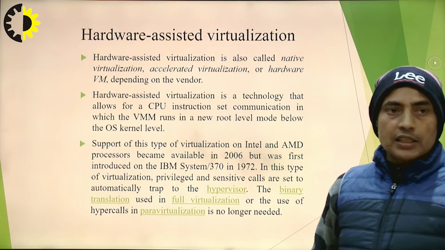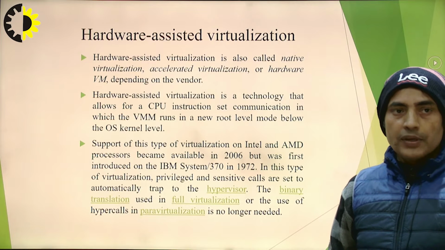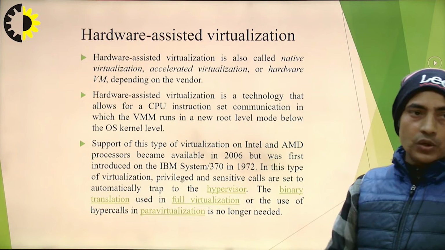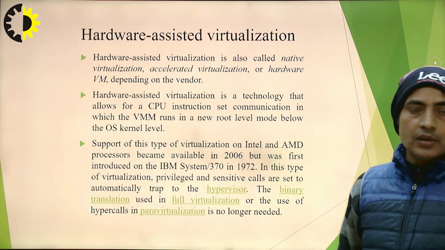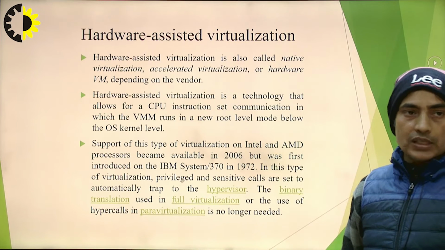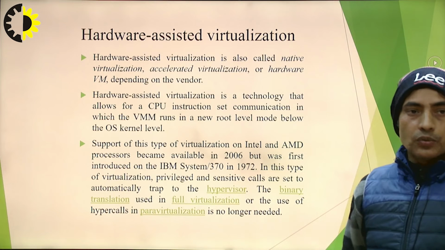Support for this type of virtualization on Intel and AMD processors became available in 2006, but it was first introduced on the IBM System/370 in 1972. This concept was first used by IBM in 1972.